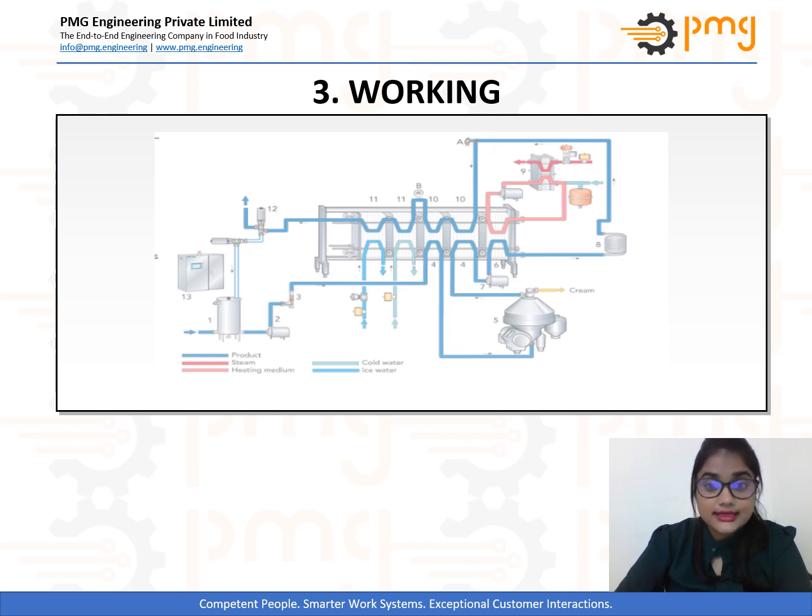So now talking about its flow, raw milk firstly enters the balance tank from where it is transferred to the preheating section of the heat exchanger through the milk feed pump.